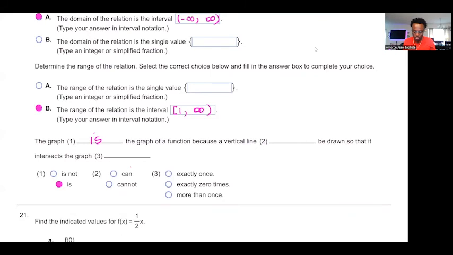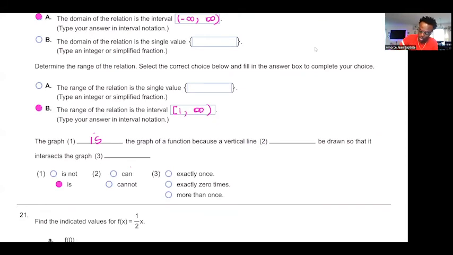So it is the graph of a function because a vertical line cannot, because that's what they give me. Now, if they said no vertical line, you would say can be drawn, but they say a vertical line cannot be drawn.